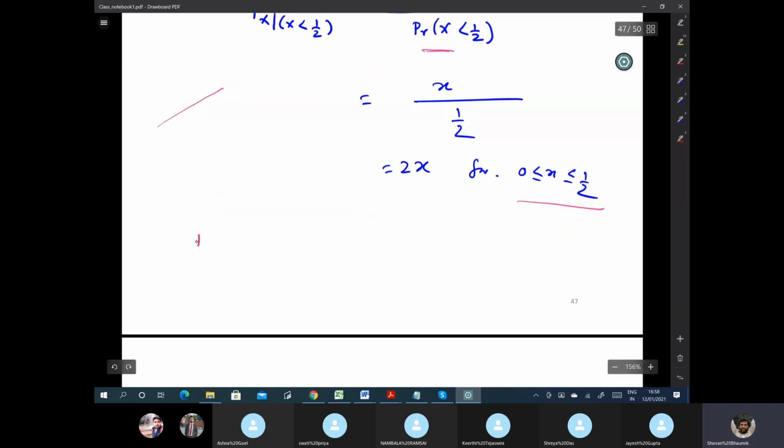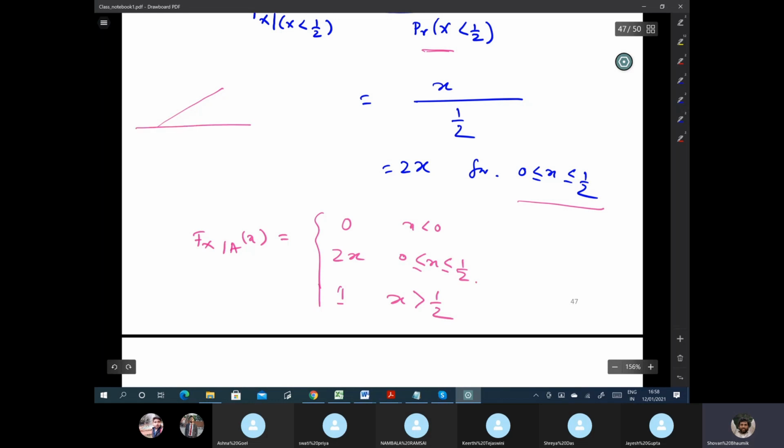So our F of x given A will be equal to 0 for x less than 0, equal to 2x as we calculated when x goes from 0 to half, and equal to 1 when x goes beyond half.